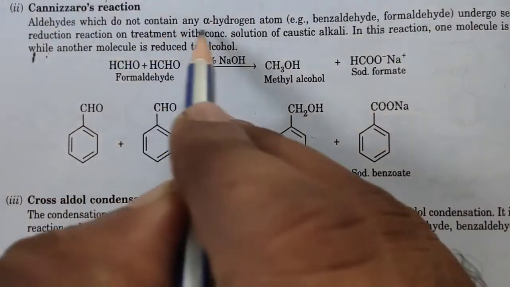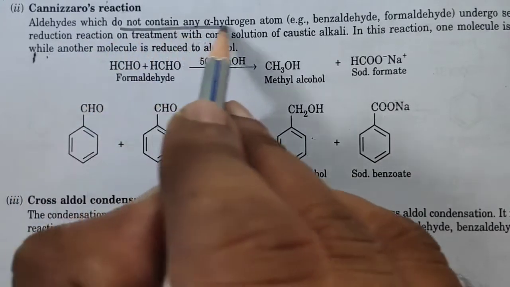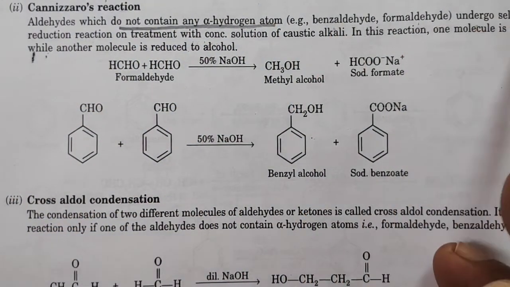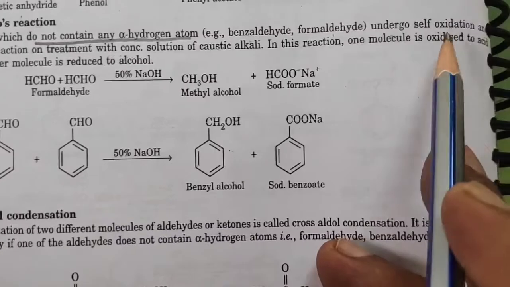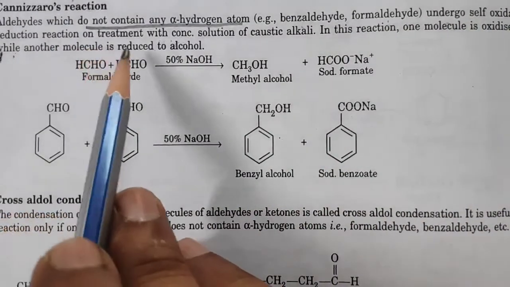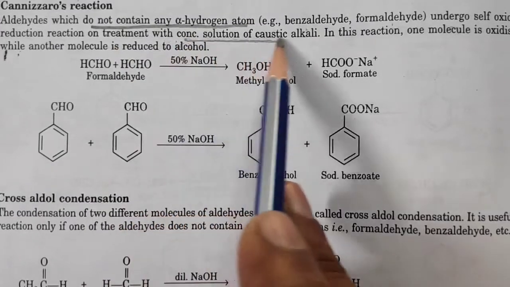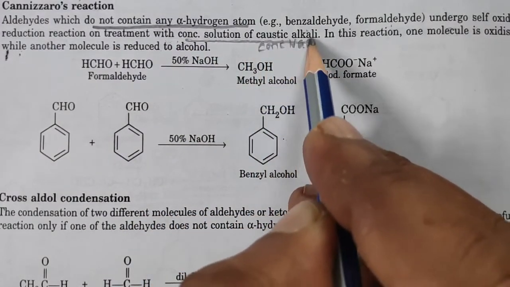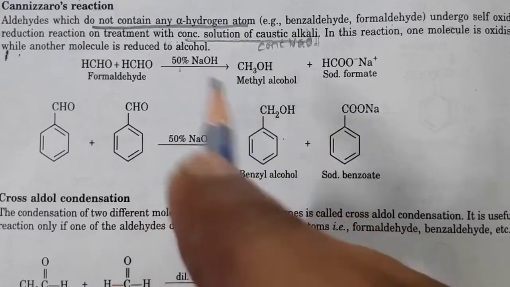Cannizzaro we know: aldehydes which do not contain any alpha hydrogen atom, that is benzaldehyde or formaldehyde, undergo self-oxidation and reduction reaction on treatment with concentrated solution of caustic alkali, that is concentrated NaOH. It can also be written as 50% NaOH.